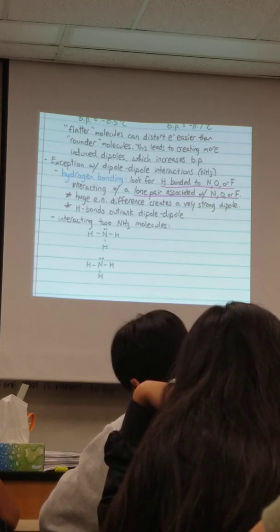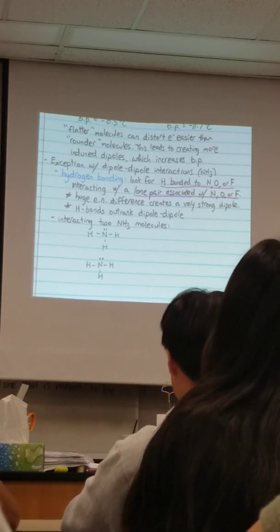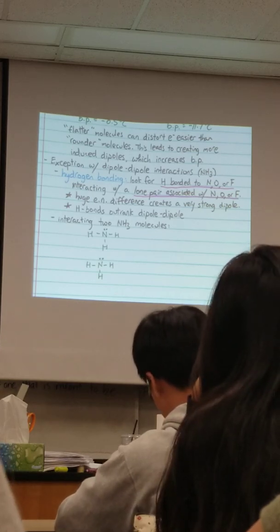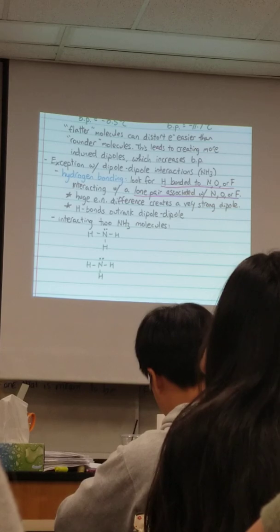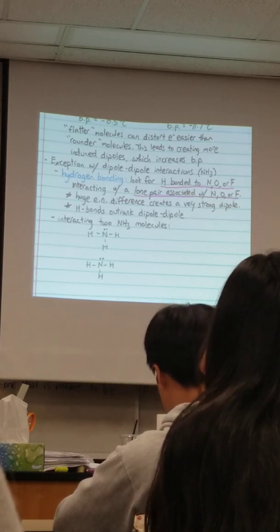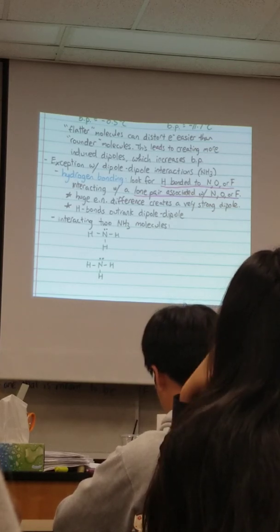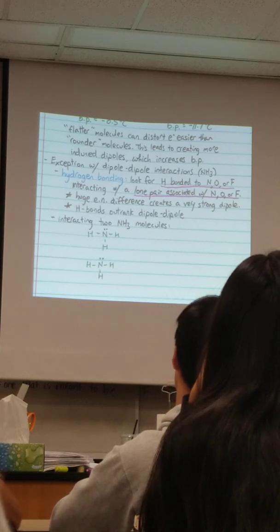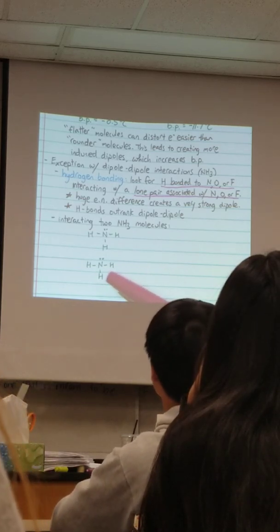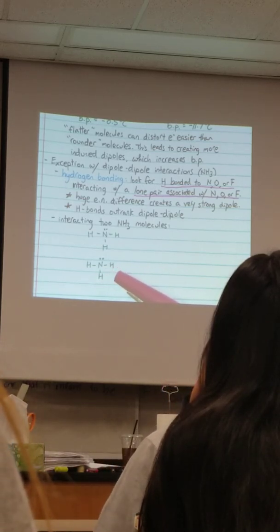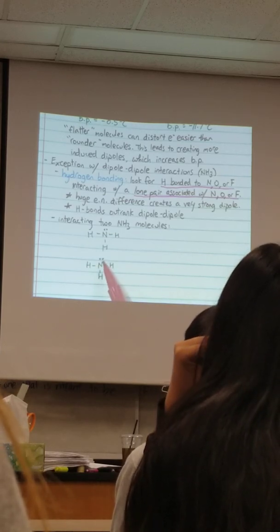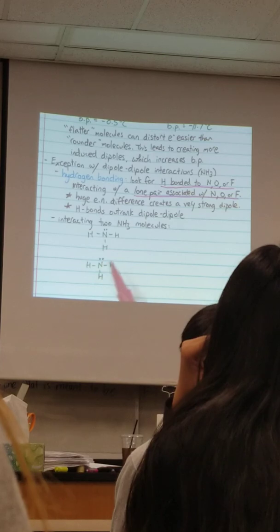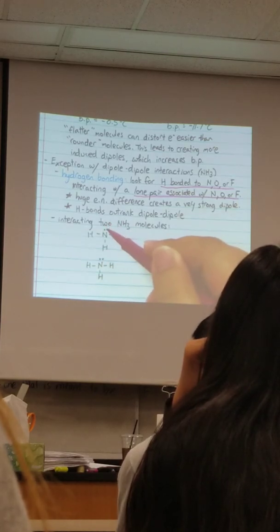Let's take a look at both of the requirements. I'm actually going to look at the second requirement before the first one. Second requirement: need a lone pair associated with N, O, or F. Is that shown in NH3? Yes. So we have the lone pair here, especially because this one has no interaction with the second molecule.